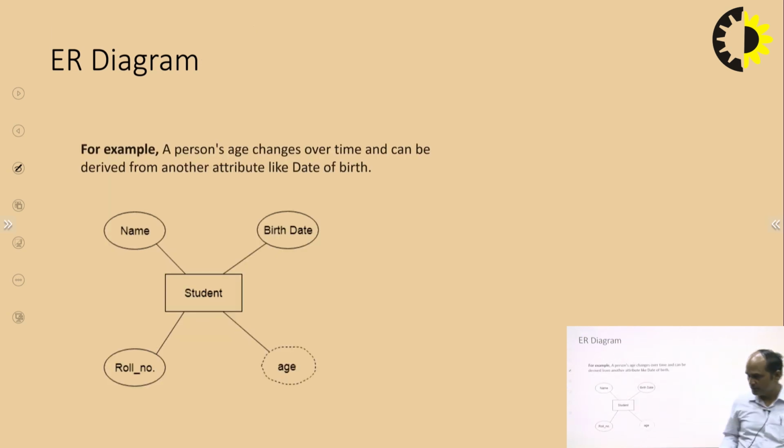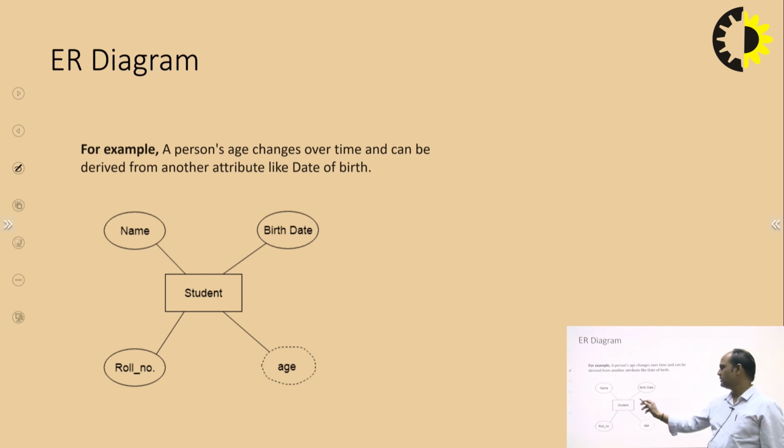Let's take an example of an ER diagram. Suppose, for example, a person's age can change over time and can be derived from another attribute like date of birth. Here we can show the derived attribute in a particular scenario. Suppose a student has 4 types of attribute: name, birth date, roll number, and age.